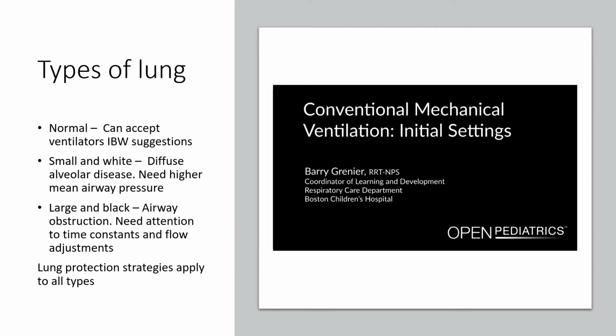Now, all this said and done, we need to remember that the lungs need protecting from the ventilator. Ventilators are wonderful machines, but they are capable of injuring the lungs. So we want to minimize the amount of pressures and volumes that we use to get normal gas exchange.